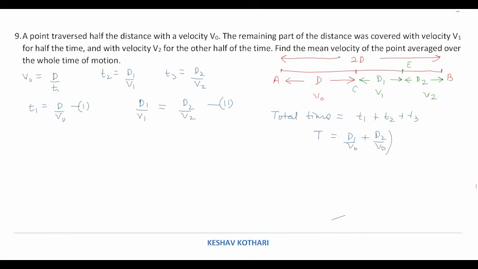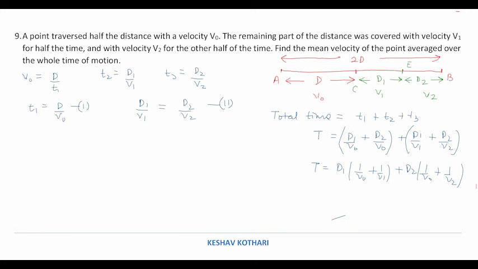I am writing capital D purposely as D1 by V0 plus D2 by V0, and then we get D1 by V1 plus D2 by V2. So over here we can express our equation in terms of D1 and D2 as D1 (1 by V0 plus 1 by V1) and D2 (1 by V0 plus 1 by V2). So we get this equation for the total time.